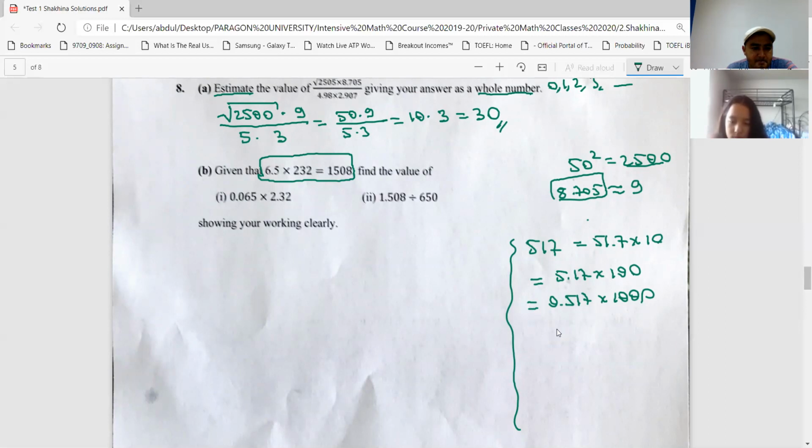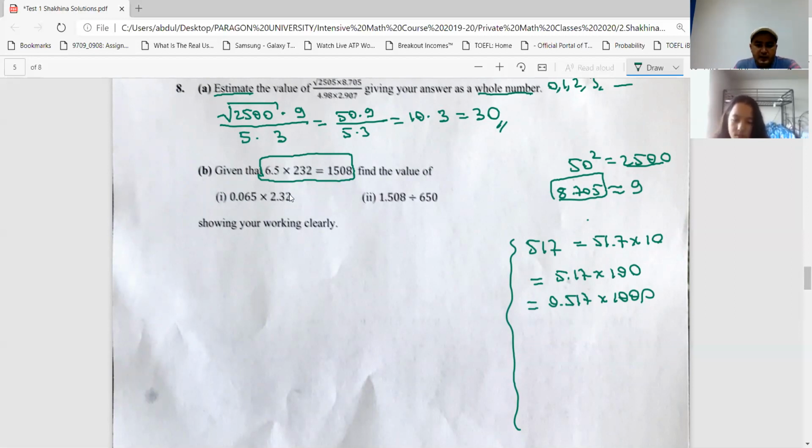Is that right? Good. Because if you multiply 51.7 by 10, I will get 517. If you multiply 5.17 by 100, I get 517 again. In very different ways we can write it, right?